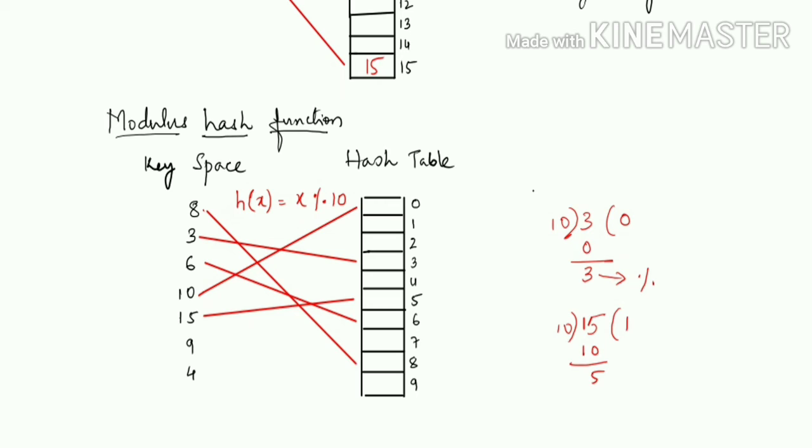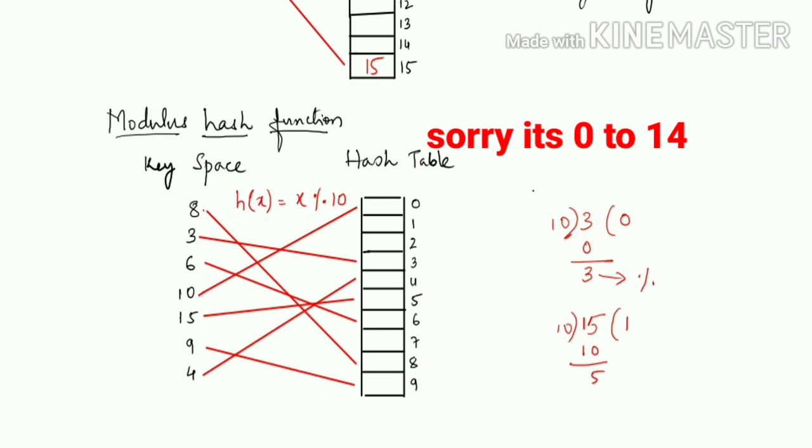Similarly 9 will be stored in 9, and 4 will be stored in location 4. So this is how, even though the highest element is 15, we are not using 15 spaces here, we are using only 10, that is 0 to 9. Why? Because our mod is 10. If mod is 15, we should have taken 0 to 15. So this is the logic behind the hash function.